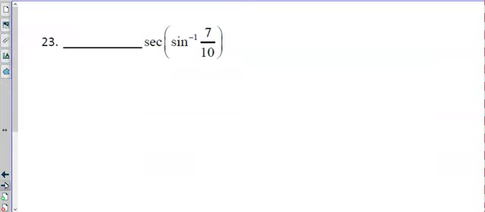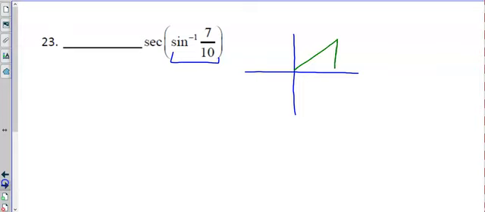Okay, next one. We are just starting with this part here, and we are always doing these up in the first quadrant. So sine is 7 over 10. So let's see, opposite and hypotenuse, we want to be about 7 and 10, so we want those to be a little bit closer in length.